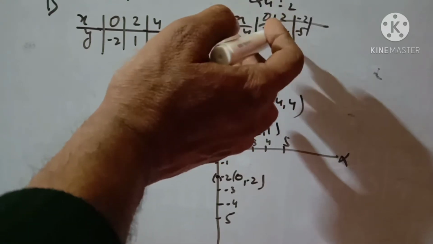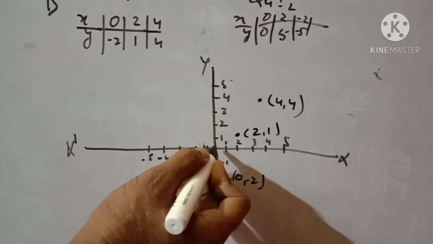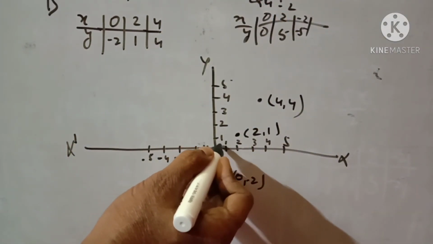Now in equation 1, we have 0 and minus 2, 2 and 1, 4 and 4. Now we have to plot equation 2. 0 and 0 will come at the origin only.